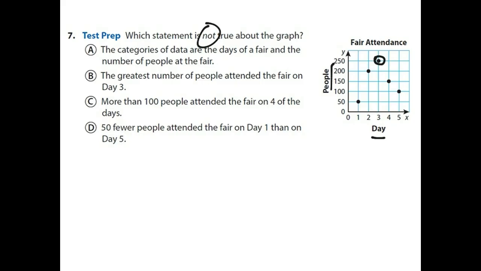So just 3 of the days. Yeah, on this day they actually had 100 people attend. So it's C. And then 50 fewer people attended the fair on day 1 than on day 5. Yeah, see, 100 minus 50 is 50.